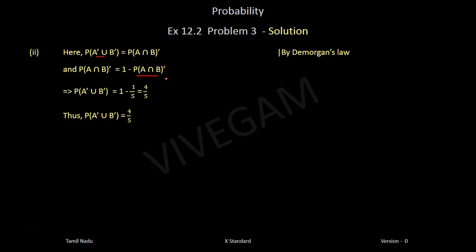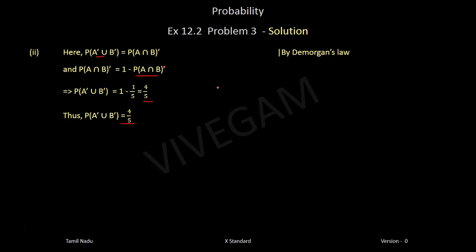It's a typographical error. This value we know, 1 by 5, right? Therefore, probability of A complement union B complement is 1 minus probability of A intersection B, which is 1 by 5. So 1 minus 1 by 5, that is 4 by 5. Therefore, probability of A complement union B complement is 4 by 5.